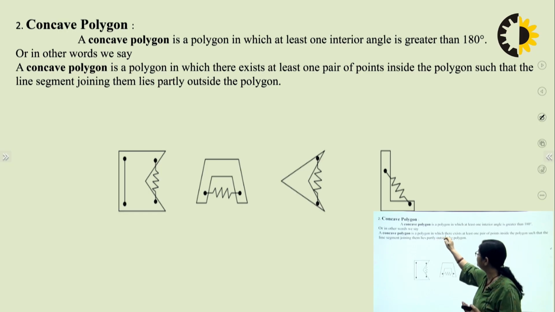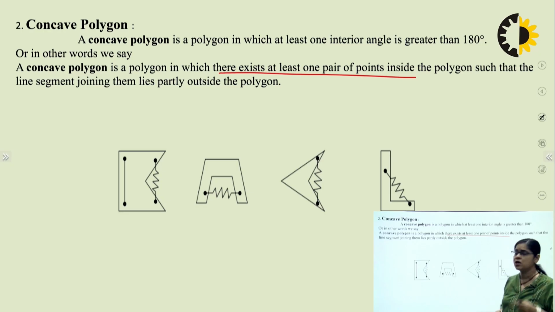a polygon in which there exists at least one pair of points inside the polygon such that the line segment joining the two points partially lies outside.